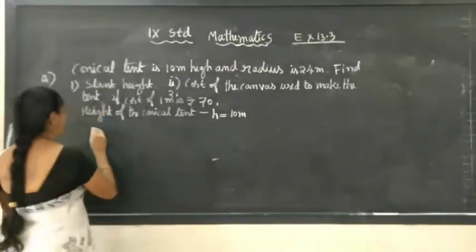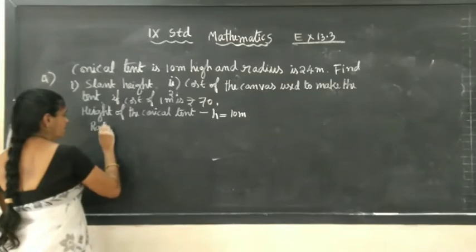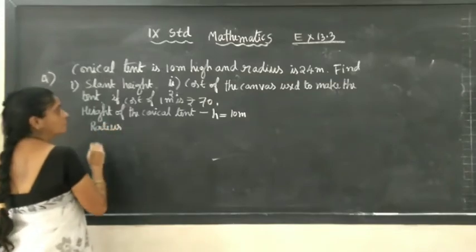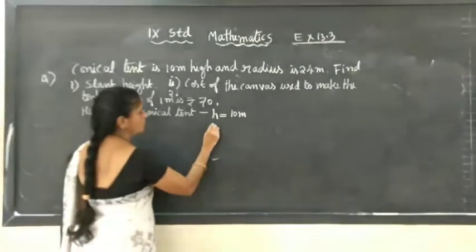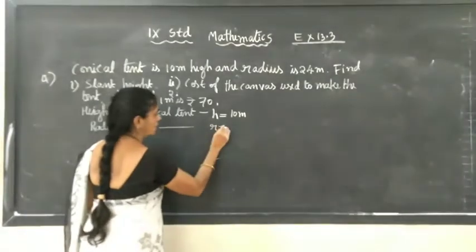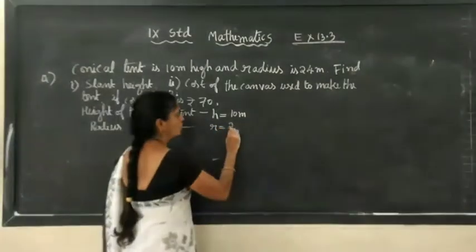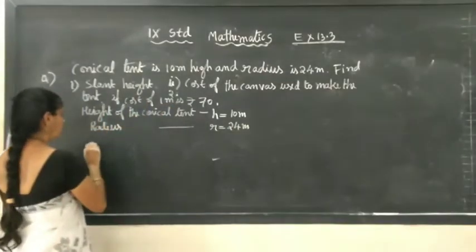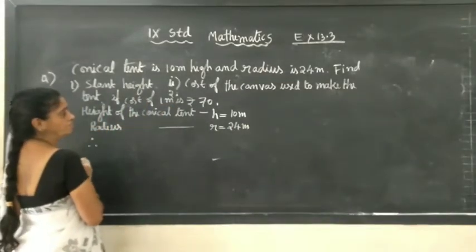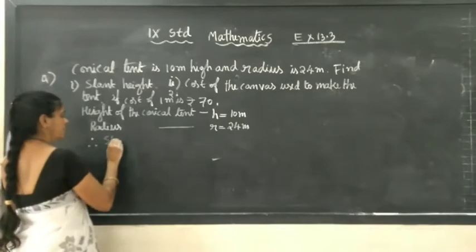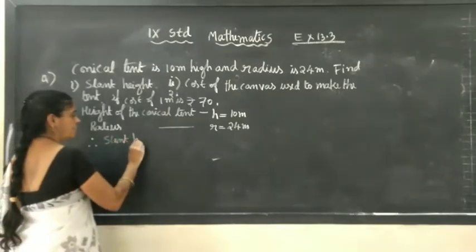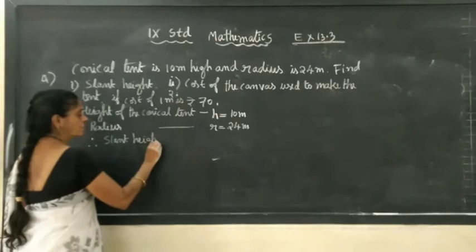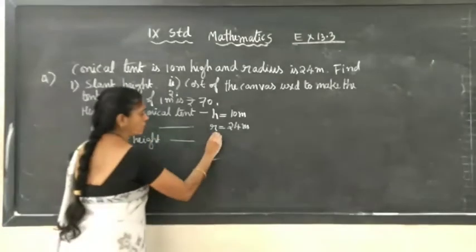Then what is given? Radius. Symbol is small letter r, which is equal to 24 meter. Therefore, slant height we will find out. Symbol for slant height is small letter l.